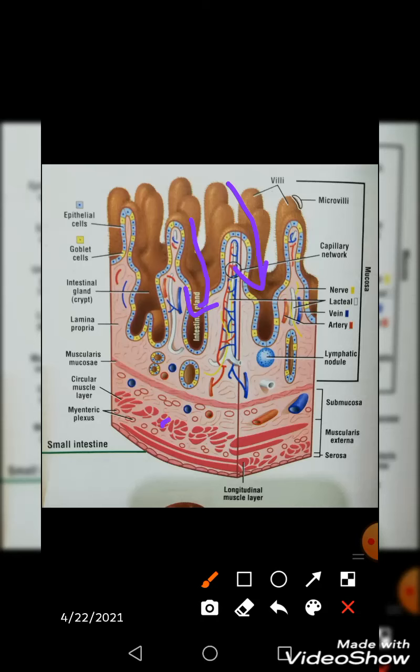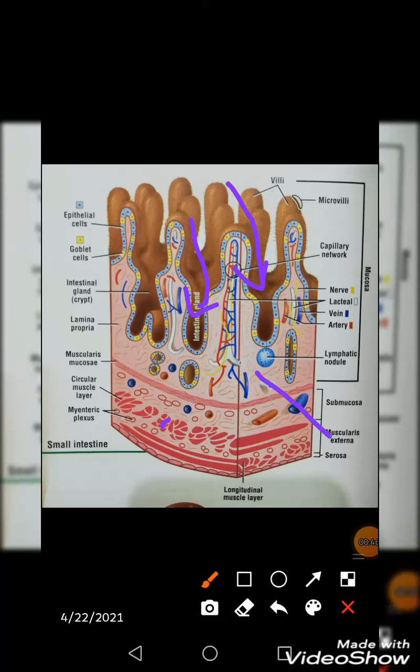Their depth is about 0.4 millimeter from the mucosal surface as an invagination, and they are simple tubular glands which lie in the lamina propria.